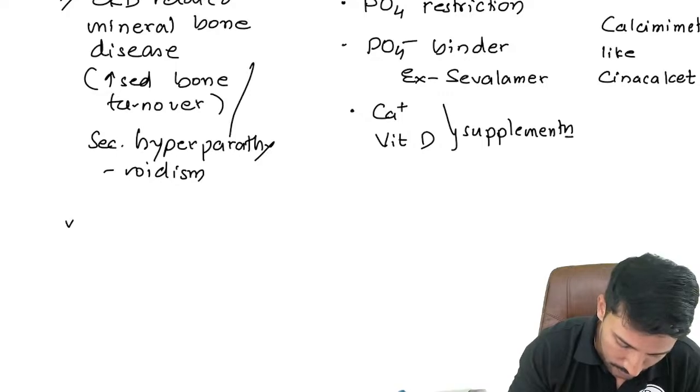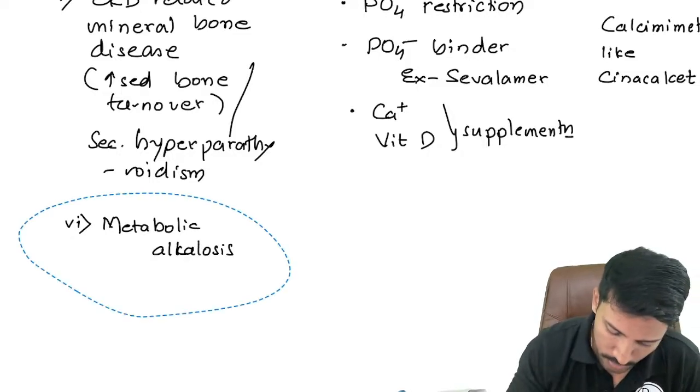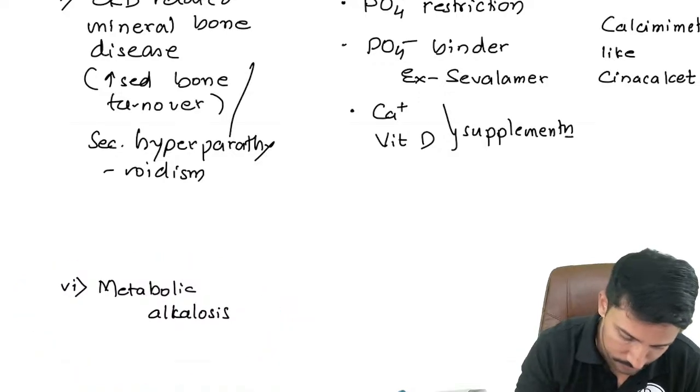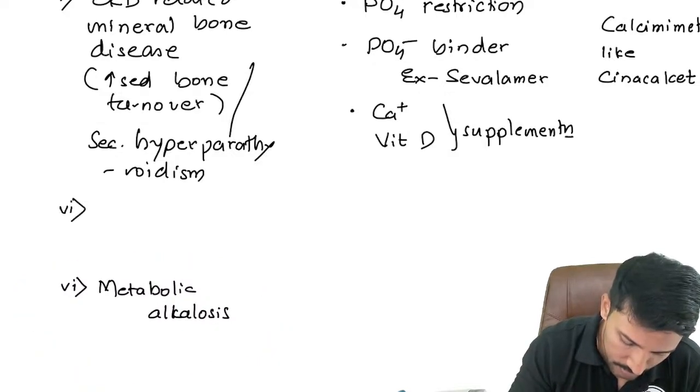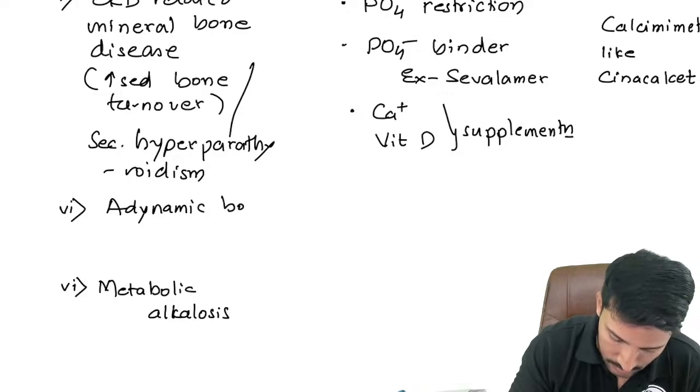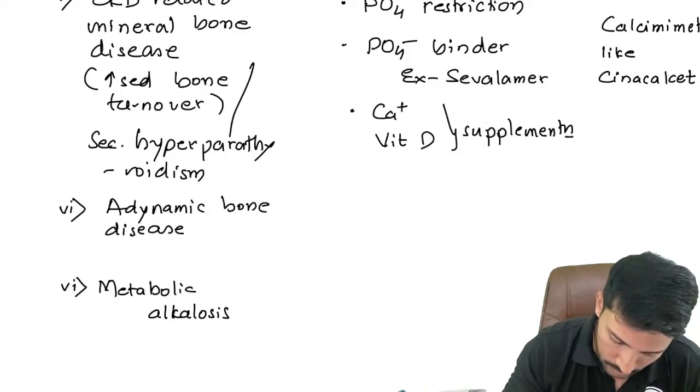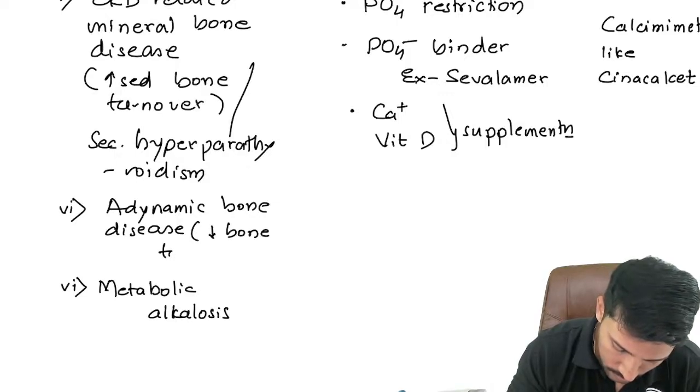Okay, then sixth, if there is metabolic alkalosis. I forgot to mention what I should do if there is adynamic bone disease. If there is adynamic bone disease, that means there is decreased bone turnover, right?